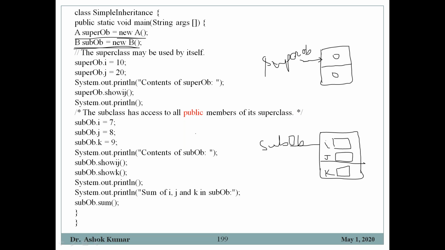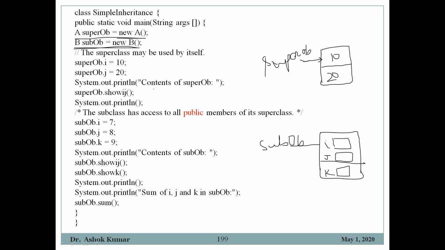Because i and j are inherited into the subclass, you can access them directly with the subclass object. So here we are using sub ob.i equal to 10. This value will change from 0 to 10. The next line will assign super ob.j to 20, so this will change to 20.